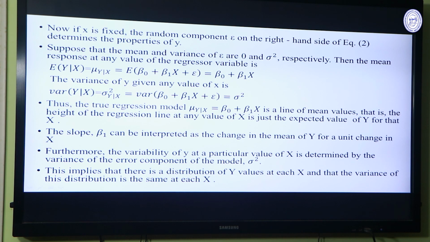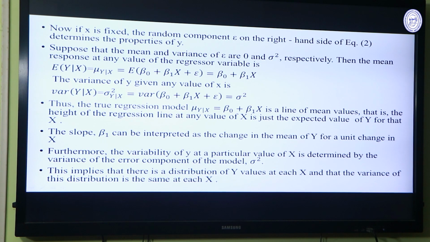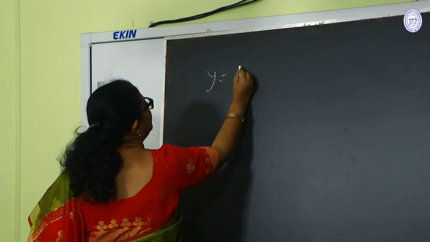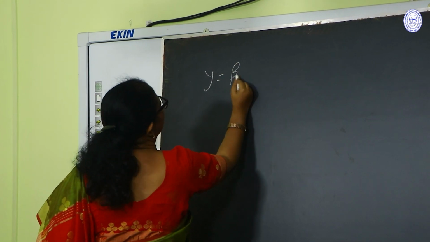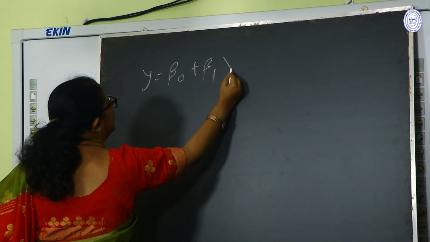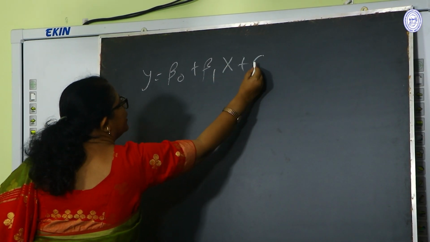Now, x is fixed. In our regression equation, x is given, x is exogenously given, x is the independent variable. So, in our regression equation, we are trying to find out the values of y on the basis of x.